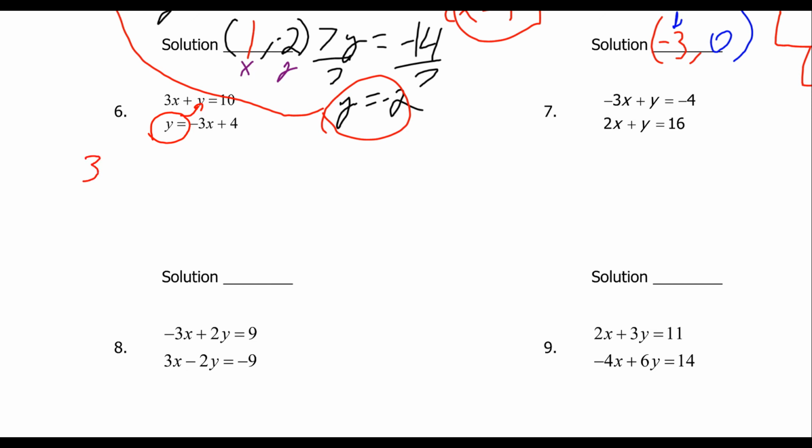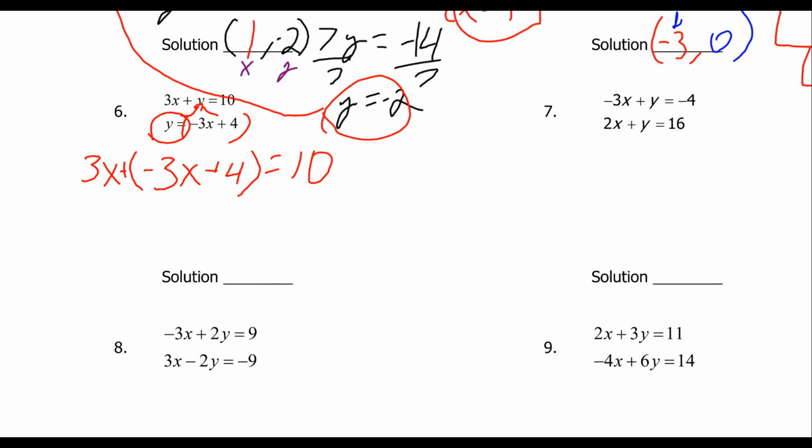So we're going to go 3x, and we're going to package this part up and put it right in there. So that's going to be negative 3x plus 4. I almost forgot to put my plus sign in front of that y, what y equals, equals 10. So we got 3x minus 3x plus 4 equals 10.